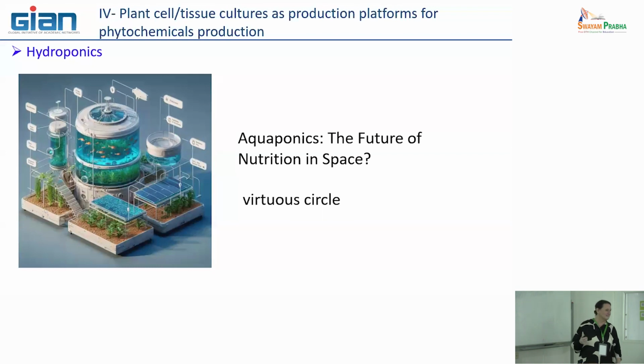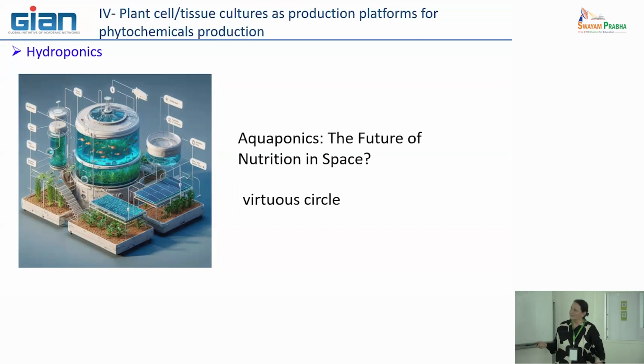And the question is now, this system, aquaponics in particular, could be the future of nutrients in space. You see that there are a lot of space programs that aim to send several people for a long time, several years, into space. So they need to find a way to produce food, animals, and plants in order to have enough food during that time.